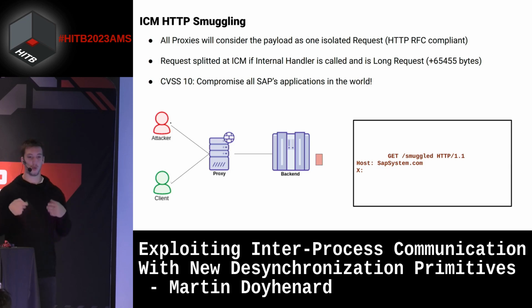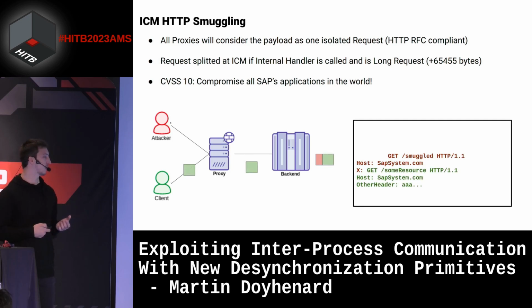So the backend will wait for more data to complete this request. And when the client sends a new request to the proxy, it will forward this to the backend, and it will be concatenated with what the attacker injected. So the backend will think that this is an entire request, and it will generate a response for this and forward it back to the client.